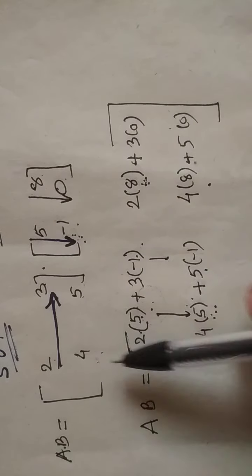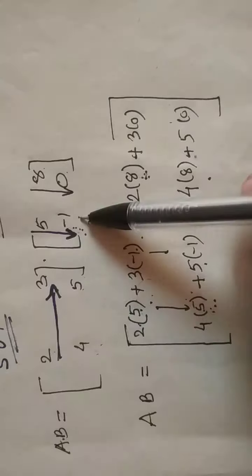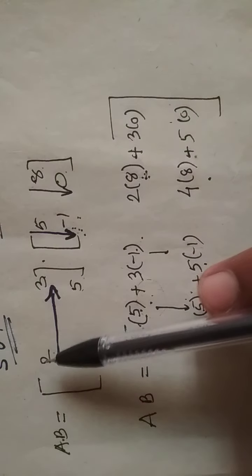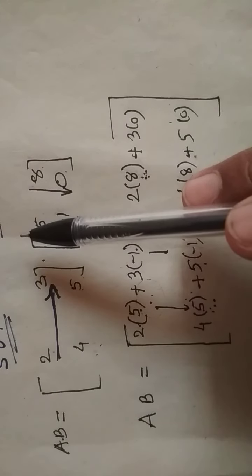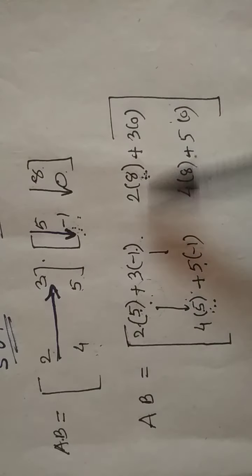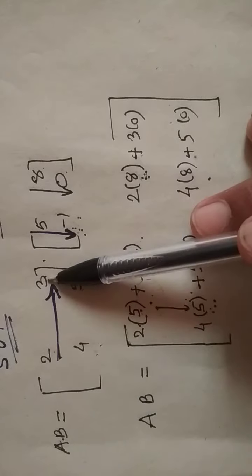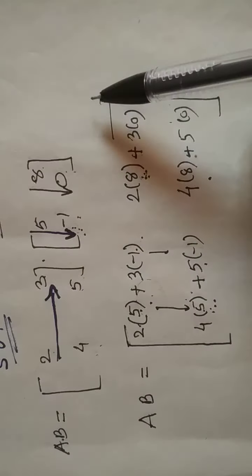We should understand once again, when talking about matrix multiplication, the first row, first column element is obtained by multiplying the first row of the first matrix with the first column of the second matrix. In the same way, the first row, second column element is obtained by multiplying the first row of the first matrix with the second column of the second matrix.